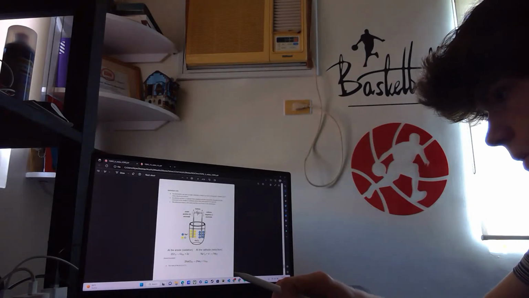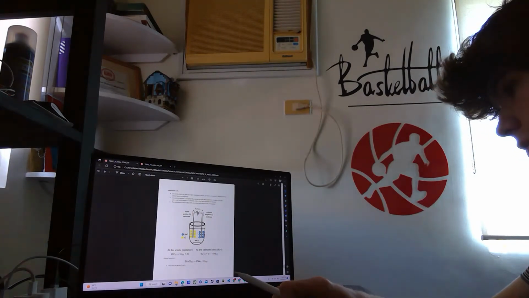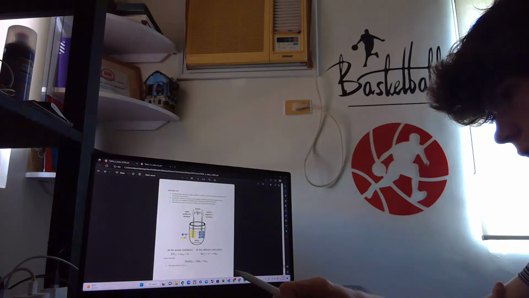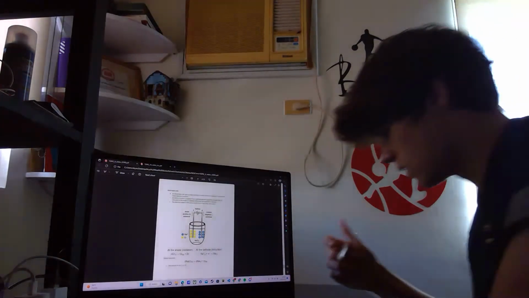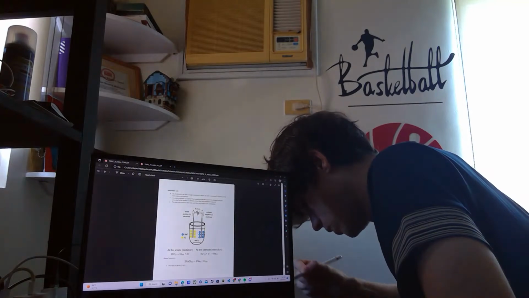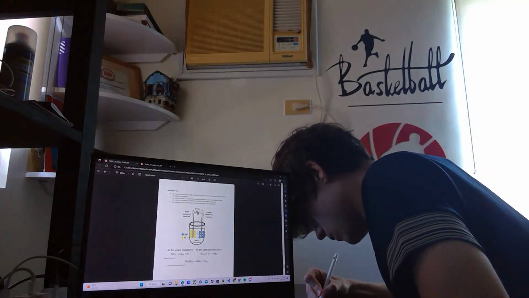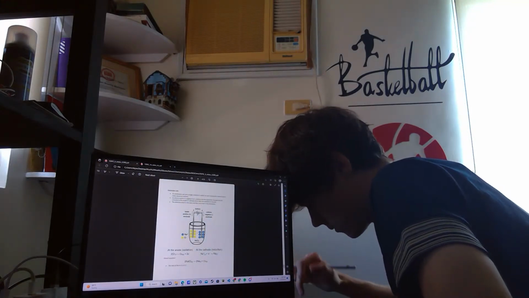So this is going to be attracted to that. Okay, makes sense. So this is going to be our positive, so it's going to attract our chlorine. This one's going to be our negative. I need to decrease my pen size.